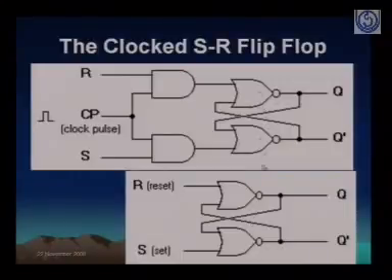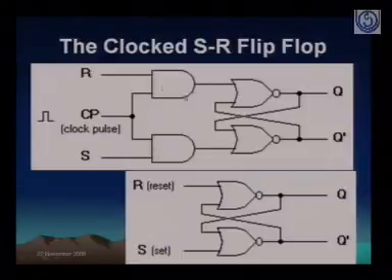So we keep that basic latch as it is, but in addition, we involve two more AND gates which control the inputs R and S to these NOR gates. The R will be applied only on the occurrence of the clock pulse, and so is the value of S. So our basic function remains the same, right?